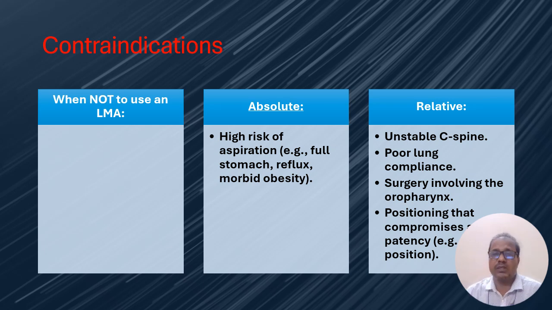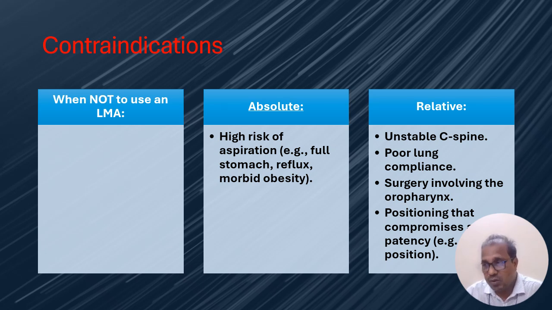And some other relative contraindications: an unstable cervical spine. In case of unstable cervical spine, we first have to support the cervical spine so it does not move further. Then we can use the LMA, but very cautiously and with a skilled hand.